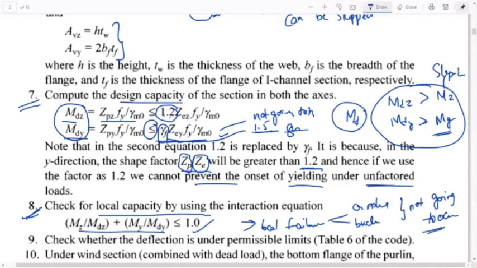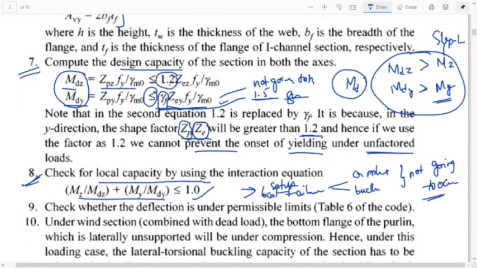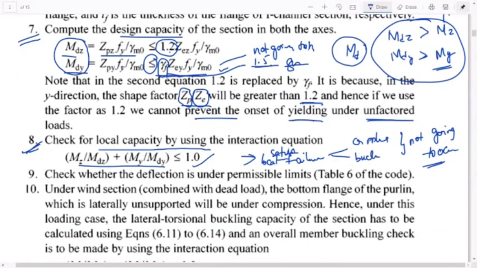So if this condition is satisfied, local failures are not going to occur. It is a simple equation: Mz by Mdz plus My by Mdy should be equal to or less than 1.